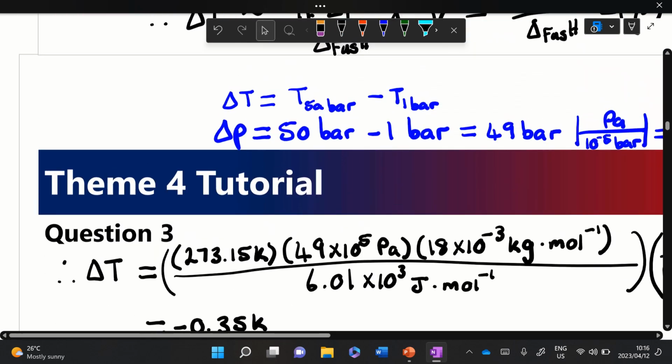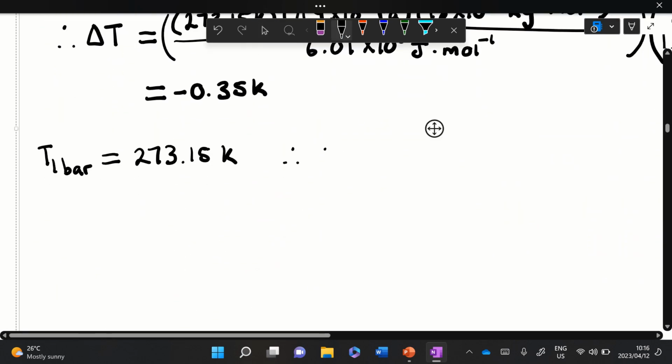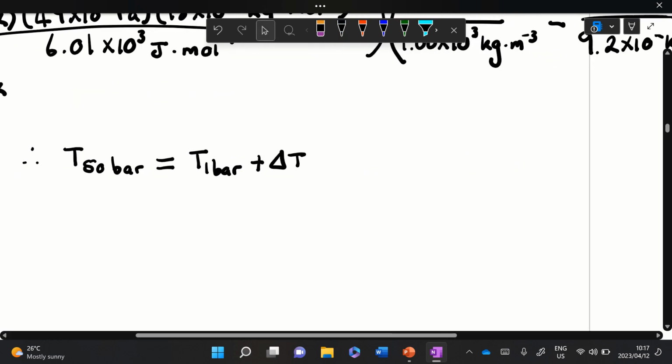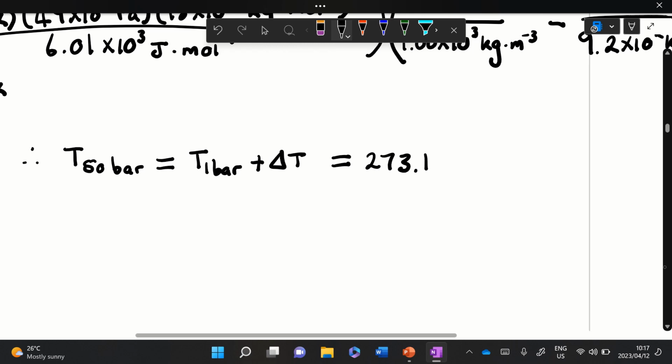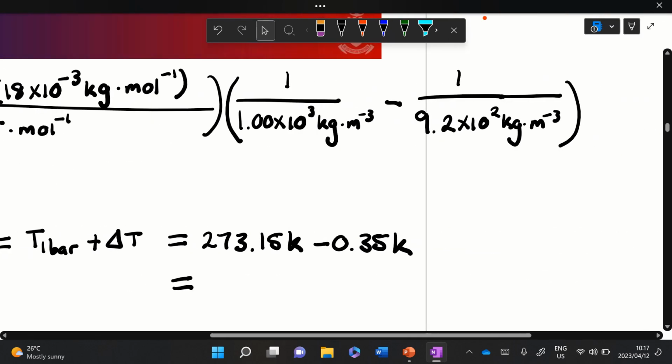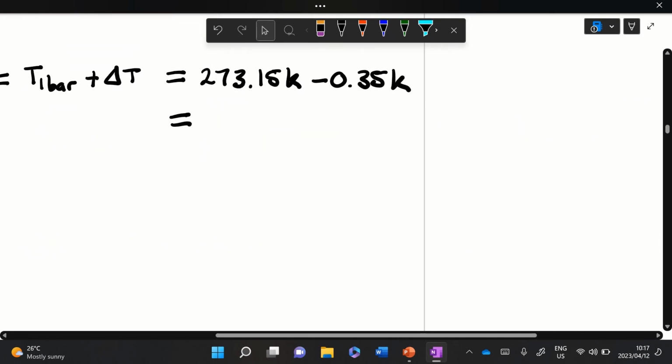That means then that T at 50 bar is equal to the T at 1 bar plus delta T, right? Remember that little trick I taught you? So in other words, the T at 1 bar is 273.15 Kelvin minus 0.35 Kelvin. It's actually 0.35 something, but you get the gist.